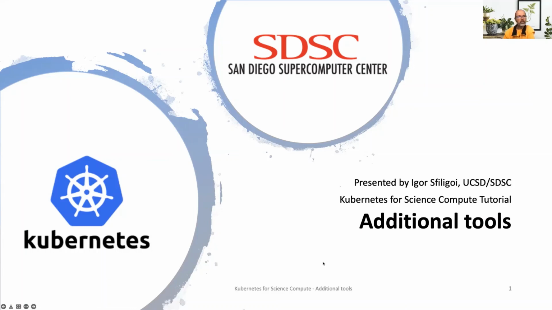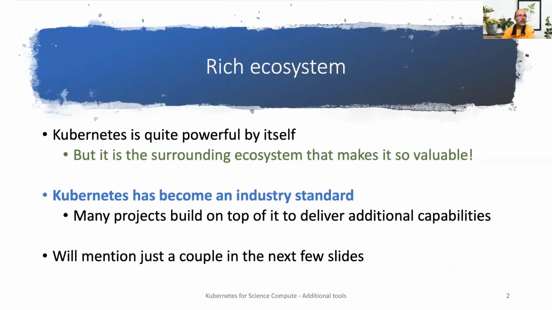And I'll just have a couple more slides to give you a hint of what we didn't cover, although I'm sure there is way more than I can show in a couple of slides. But here are a couple of the things anyway. So you have seen that Kubernetes is quite powerful by itself, but I think it's not an exceptional system.